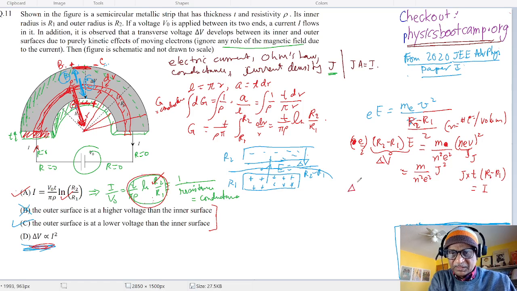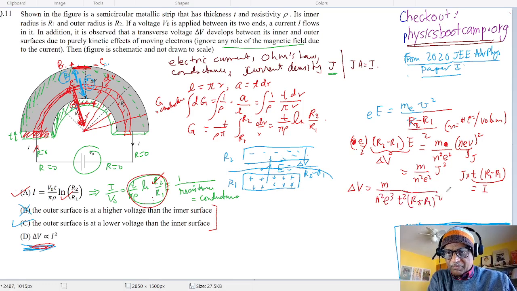You have delta V on this side and e on the other side, and multiplying and dividing by this, they convert to I squared times m over n squared e squared T squared times R2 minus R1 squared.